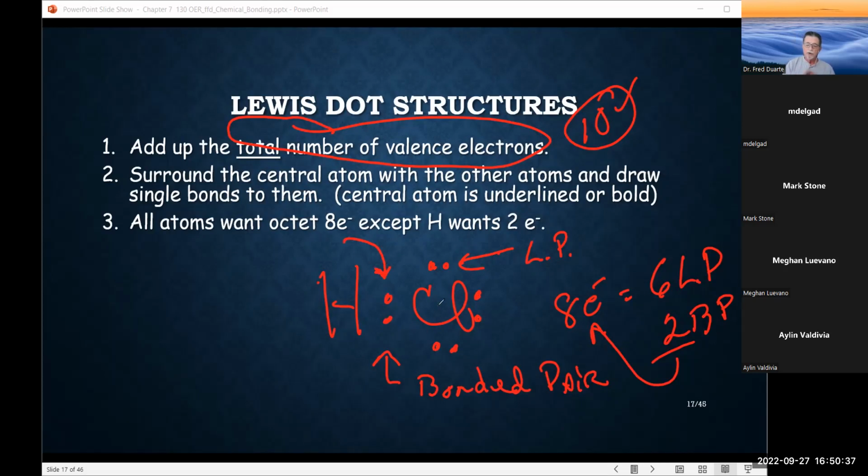So those 2 count toward both the chloride and the hydrogen. And so hydrogen now, its rule is a duet. So hydrogen is fulfilled. The big takeaway here is this: hydrogen will only have one line to it at all times. You won't ever see hydrogen with more than one line, okay? Because there's the duet for hydrogen. It's not an octet.